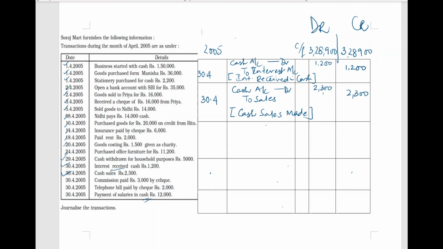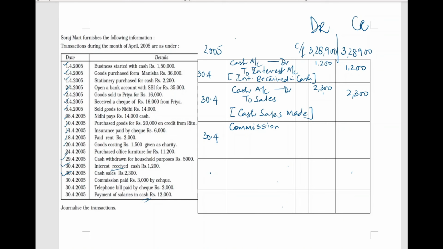Now I have one next one, commission paid rupees 3,000 by check. So on 30th of April, commission paid and money is going out. So I'll say commission paid, right?